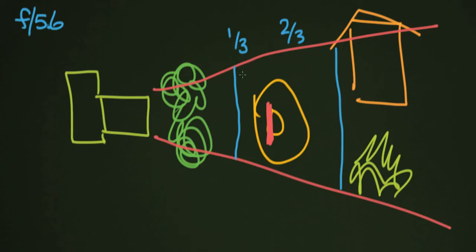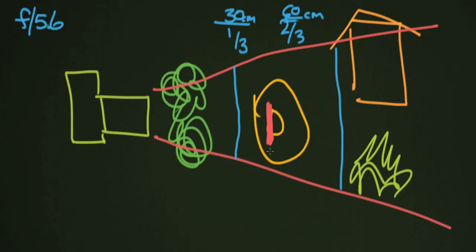But with slightly wider angle lenses, it's going to be around 1/3 to 2/3. So that means in front of the subject you might have 30 centimeters of focused area, and behind them you'll have about 60 centimeters. Together that's 90, and 30 is 1/3 of 90, and 60 is 2/3 of 90. So that's how that would work.